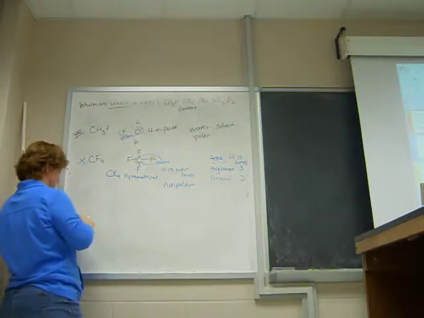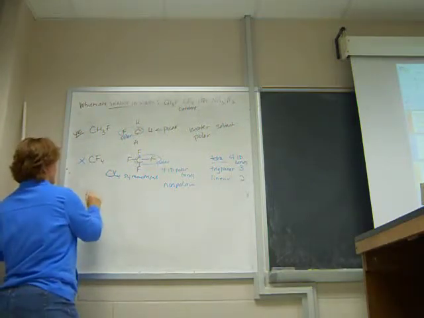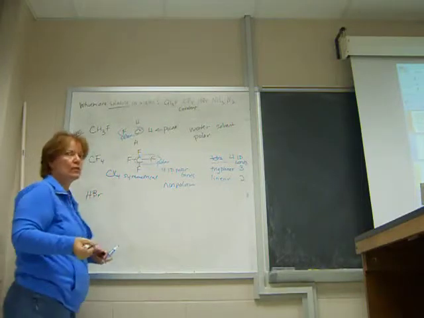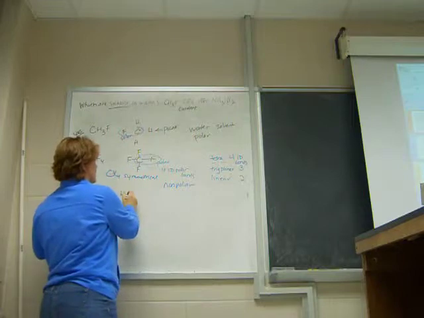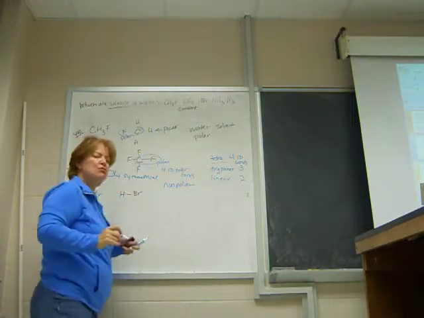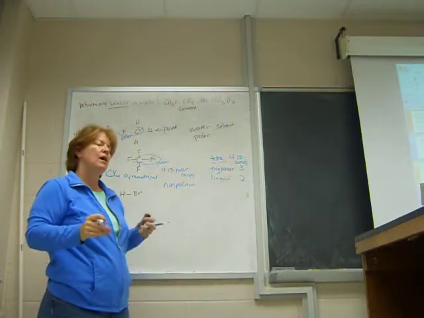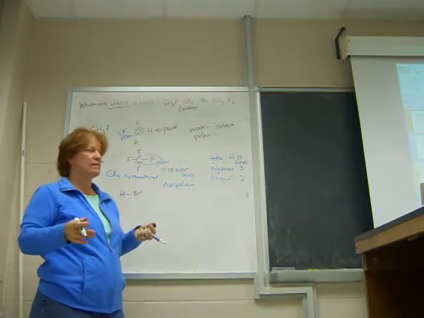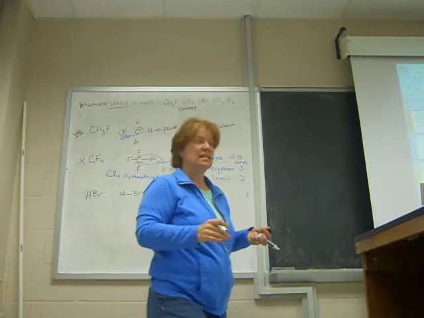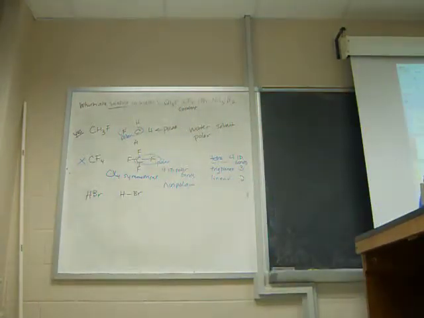HBr. There's only one bond in this. There's only two atoms. There's only one bond. It's going to be an HBr bond. I'm not sure if that one's polar or nonpolar. I might have to look that up. I'm going to take the electronegativities and subtract them, and I'm pretty sure it is polar.